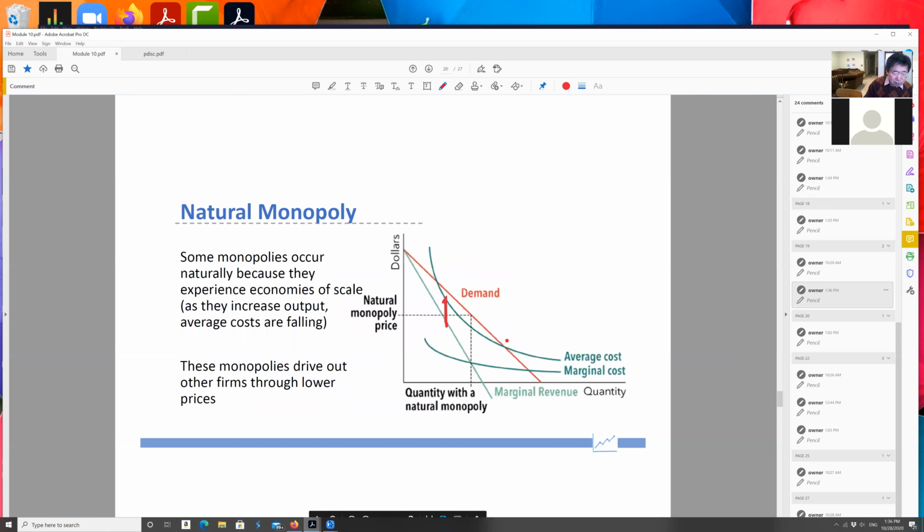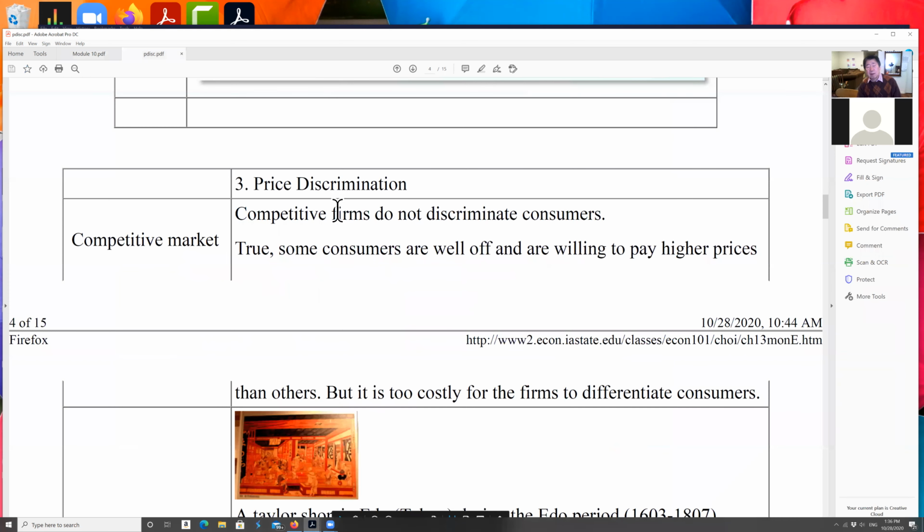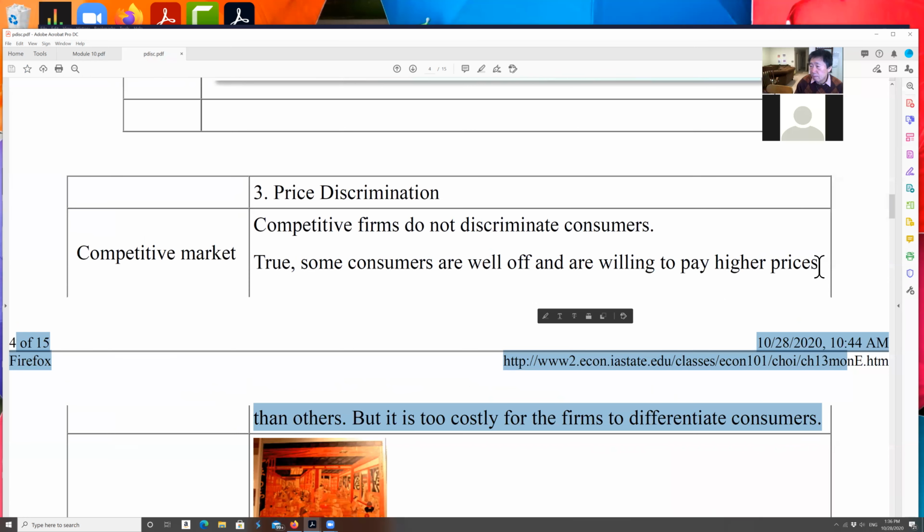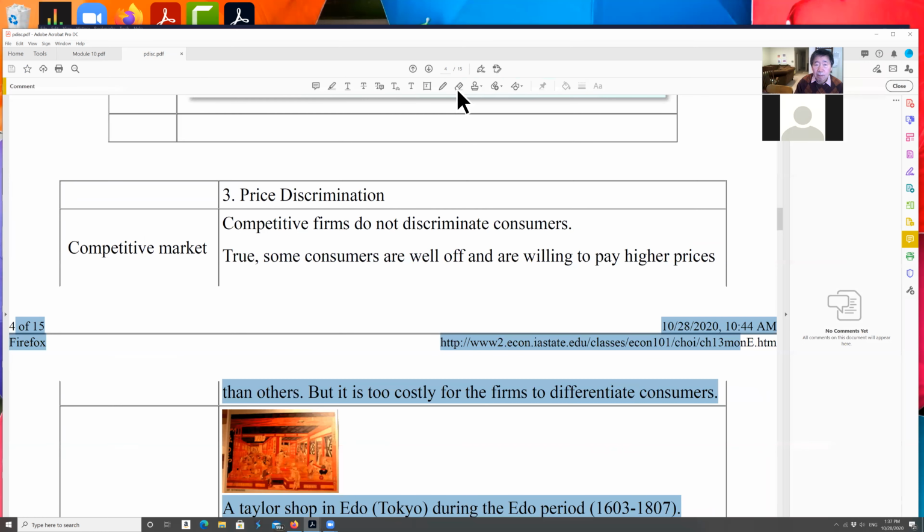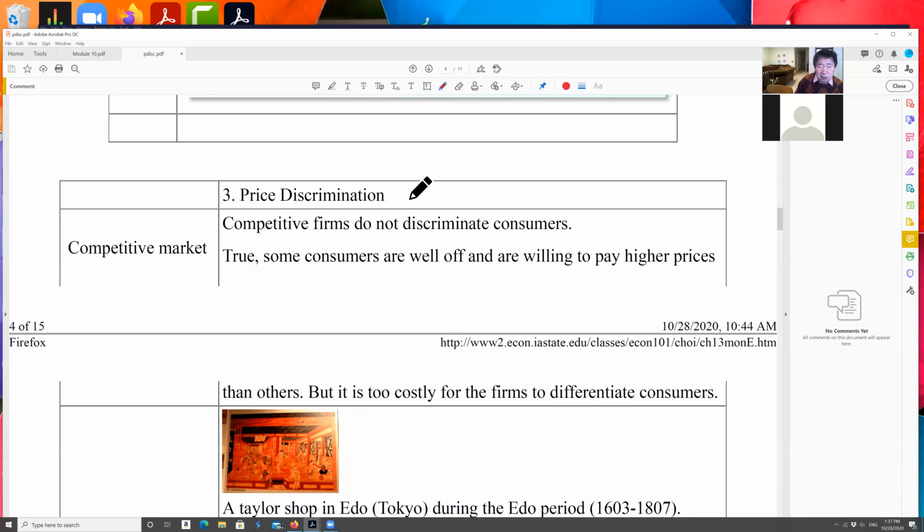Let's switch to another topic. Price discrimination. Why make a fuss about price discrimination?